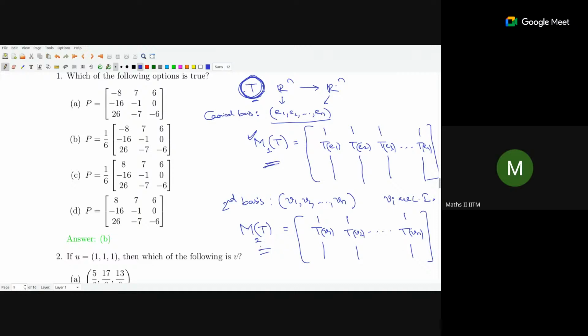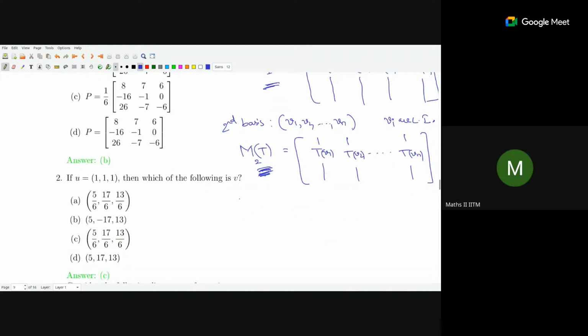So I have the linear operator T and M1 of T. Now, can I compute or find M2 of T?